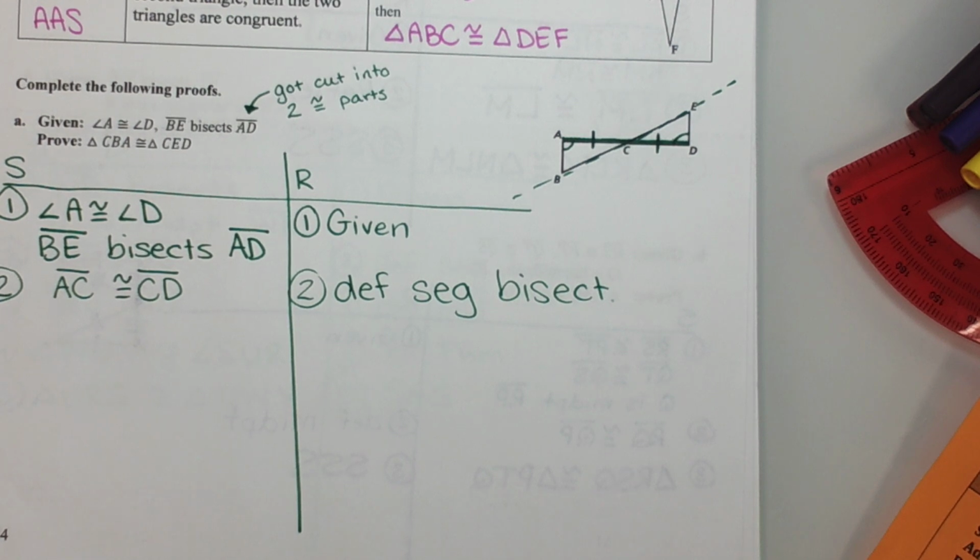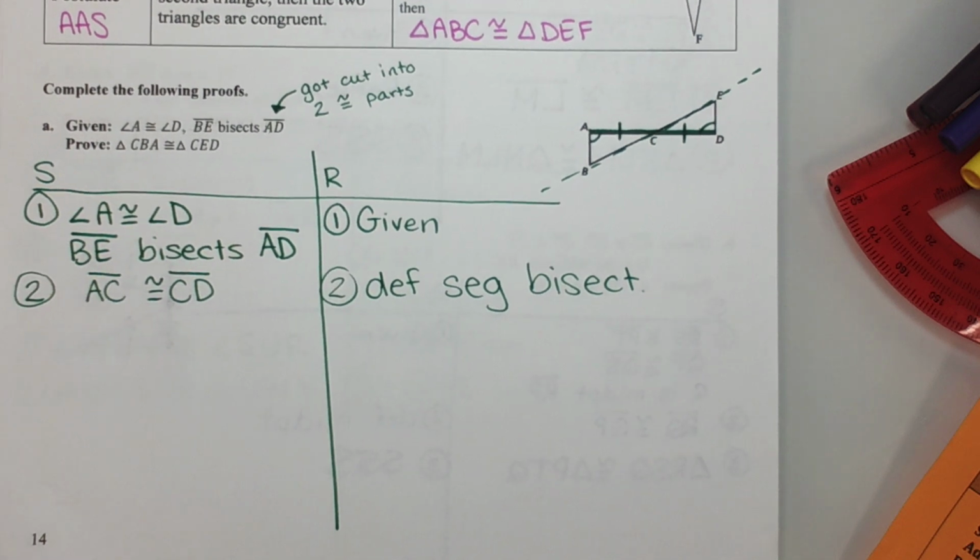Ava, what's the second thing we look for in proofs? Symbols. Do I have symbols? I have congruent symbols, but I like congruent symbols, so I'm not going to do anything with them. Nate, what's the third thing we look for in proofs?